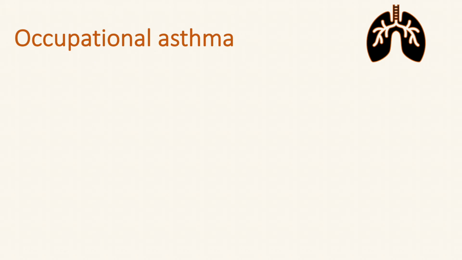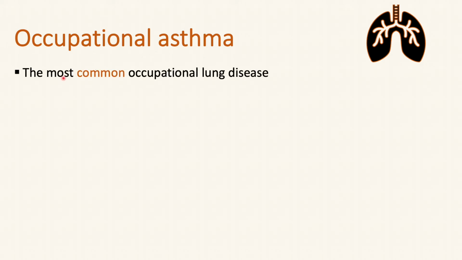Another important entity of asthma that you need to be aware of when you're taking the history of asthma is occupational asthma. It's the most common occupational lung disease, and there are many materials that can be associated with exacerbation of asthma.